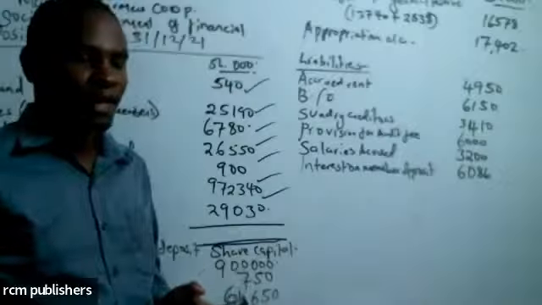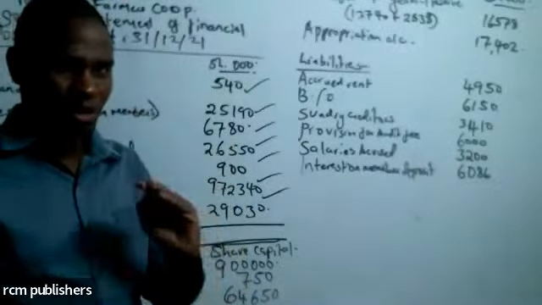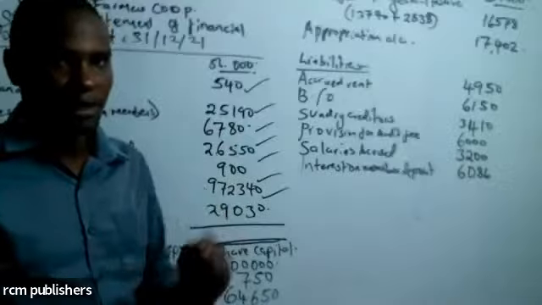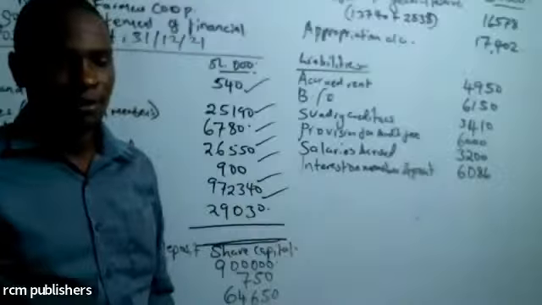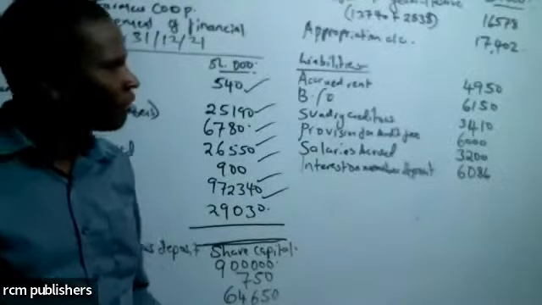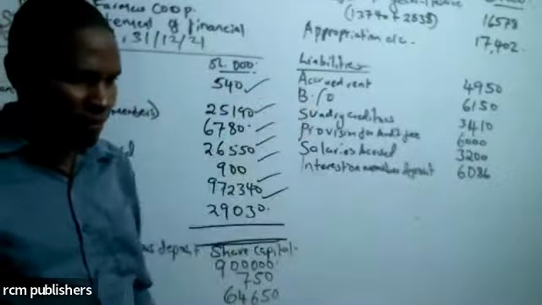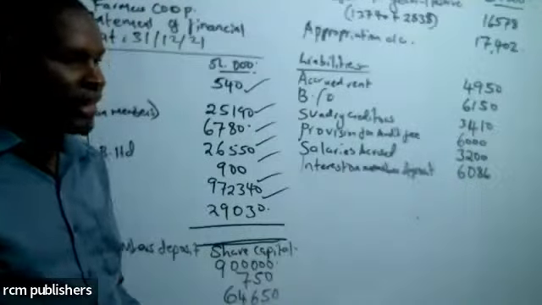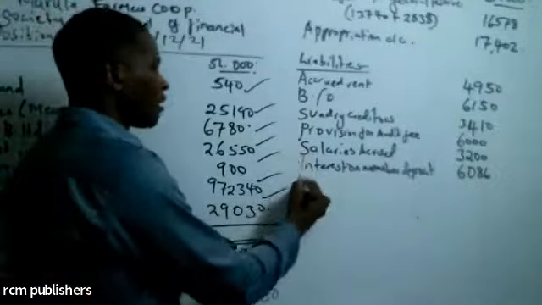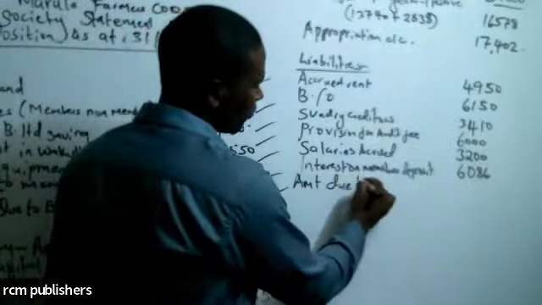Do you remember that according to the bylaws of the cooperative society, 20% is sent to the general reserve, and then 80% is amount due to members.